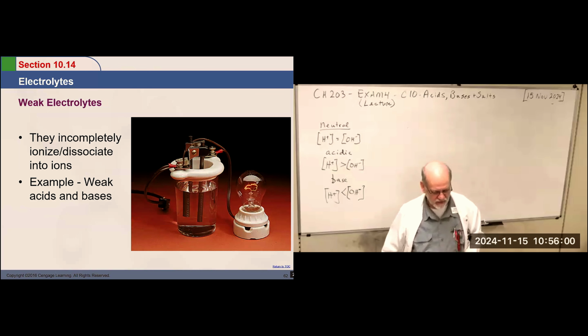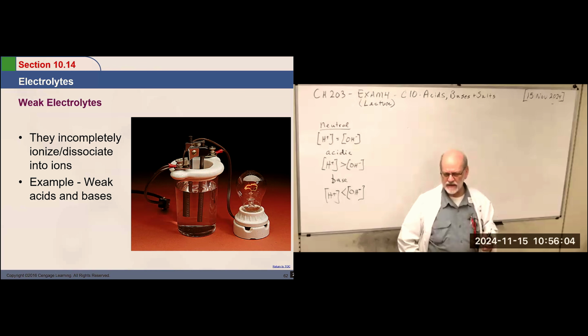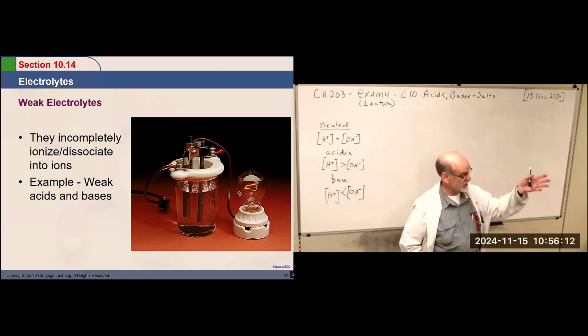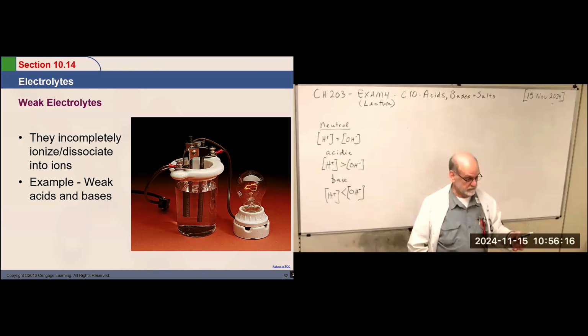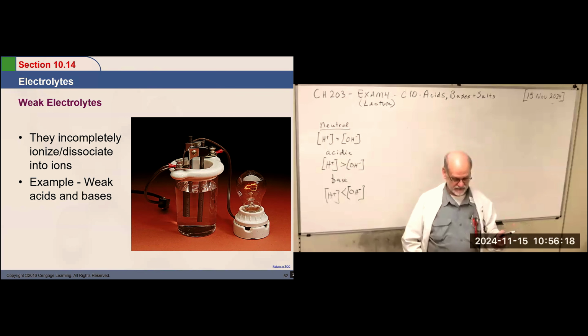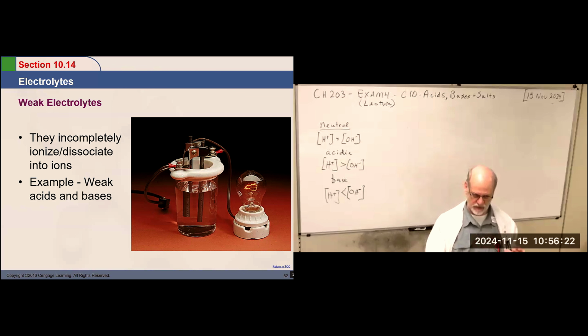Weak electrolytes, on the other hand, only conduct weakly. Best example of that is either partially soluble salts, partially soluble bases like our calcium hydroxide, or weak acids like acetic acid. Will only conduct electricity very weakly.